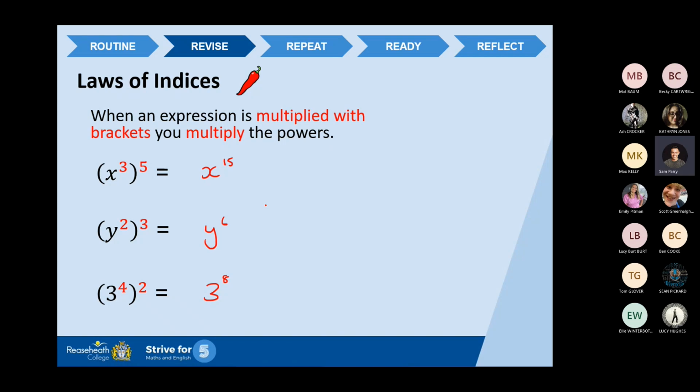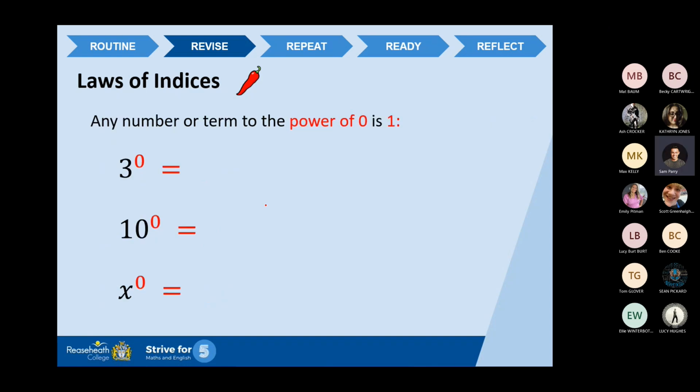Okay, and the last law that I'm going to show you now is any number or term to the power of 0 is 1. So 3 to the power of 0 is 1. 10 to the power of 0 is 1. X to the power of 0 is 1. You could have that number there to the power of 0, 1.